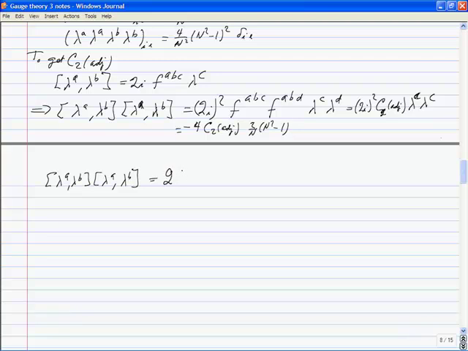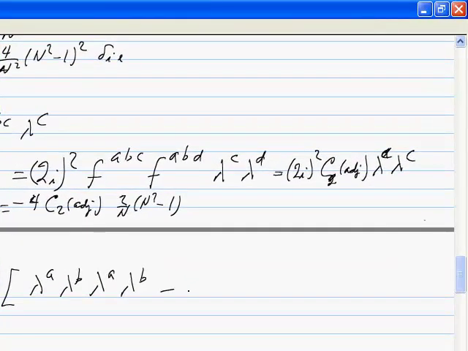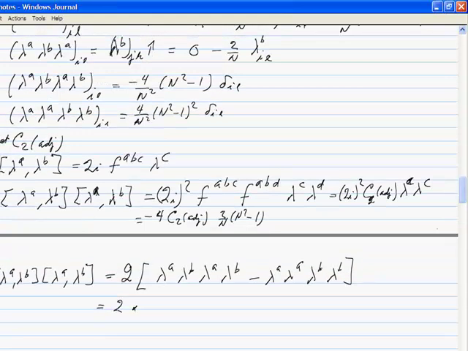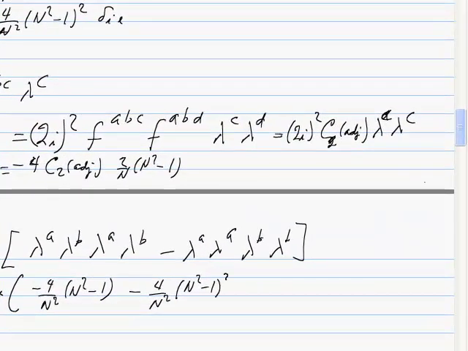There's two occurrences each of lambda A, lambda B, lambda A, lambda B, and then with a minus sign, lambda A, lambda A, lambda B, lambda B. So this is 2, and I have to read off my factors, times minus 4 over n squared minus 1, minus 4 over n squared minus 1 squared equals minus 8 over n squared minus 1 C2.